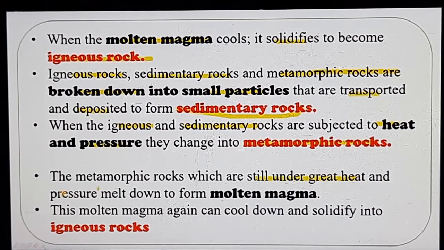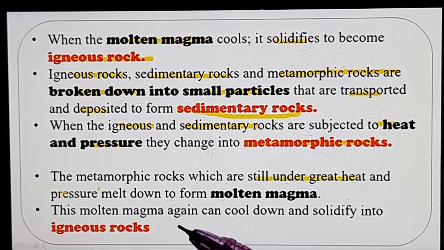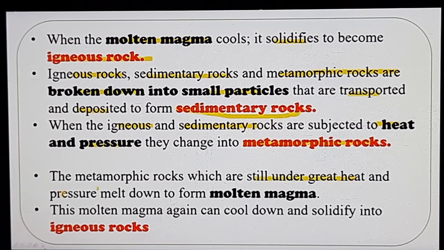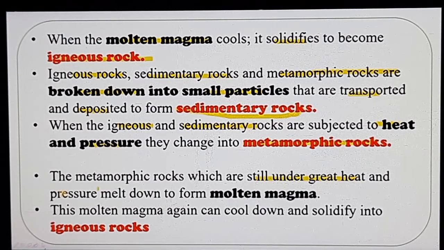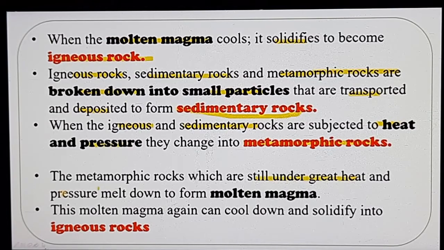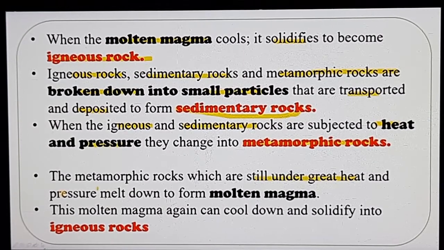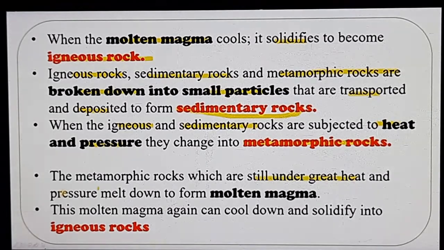Then the metamorphic rocks, which are still under great heat and pressure, melt down to form molten magma, and again molten magma cools down and solidifies into igneous rock. Cyclic manner, you can say that.